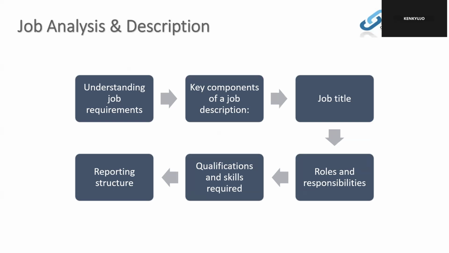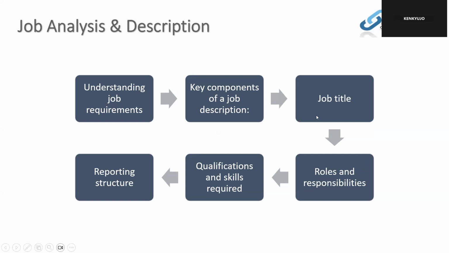Then when we talk about job analysis and description, understanding the job requirement is the first part. The organization wants to clearly understand what the job requirement is. Based on that, the organization wants to prepare the job description. The job description includes job title, roles and responsibilities, qualifications and skills required, and the reporting structure.